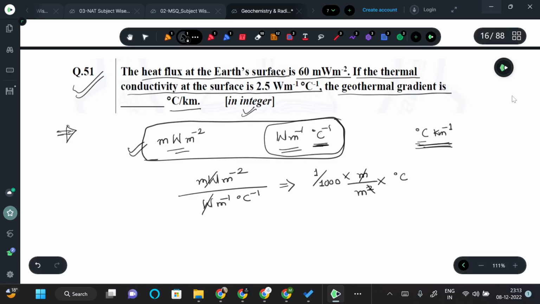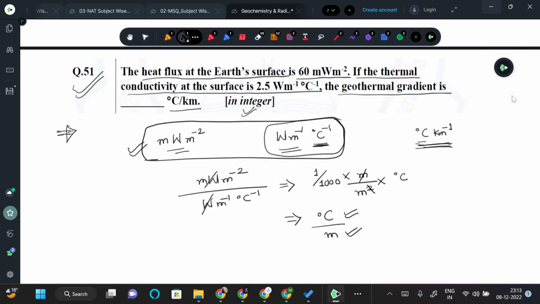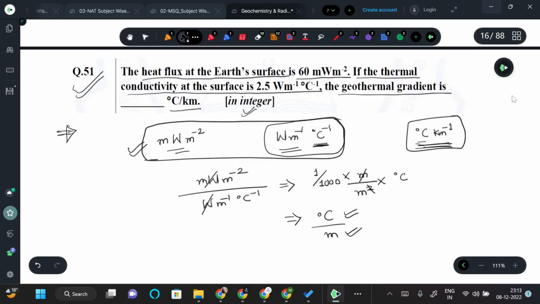So this meter will cancel out this, and now it will be 1000 only, right? Milli. Are we missing something? Actually, it has come to this form. Okay, it doesn't matter. That is the value. So now this has come to temperature by distance form or length form, and this is what it has asked. So you could have simply taken a ratio of this 60 divided by 2.5. So you would have got the answer straight away.